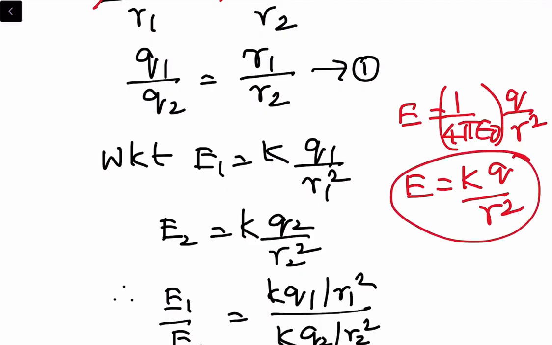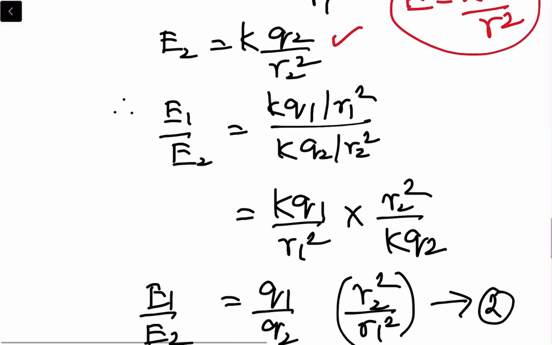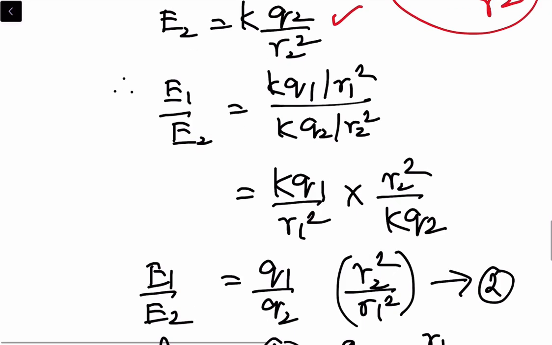For the first sphere it is KQ1 by R1 square. For the second sphere it is KQ2 by R2 square. Now we need to find the ratio of them. E1 by E2 is equal to KQ1 by R1 square whole divided by KQ2 by R2 square. That is what I have written here.